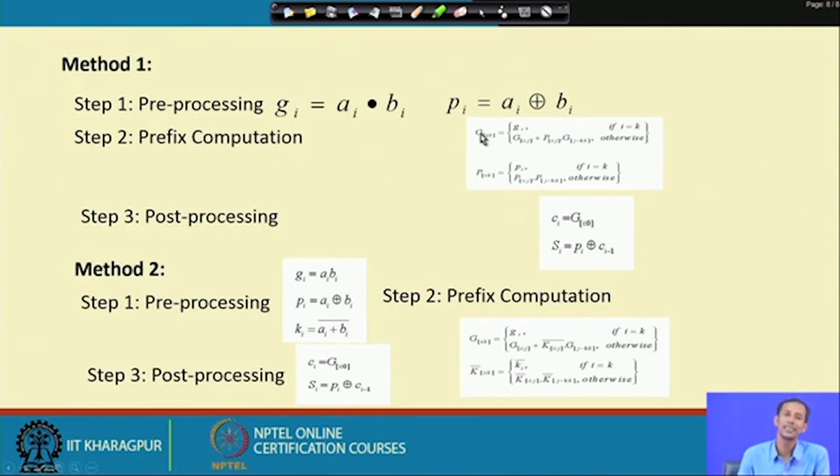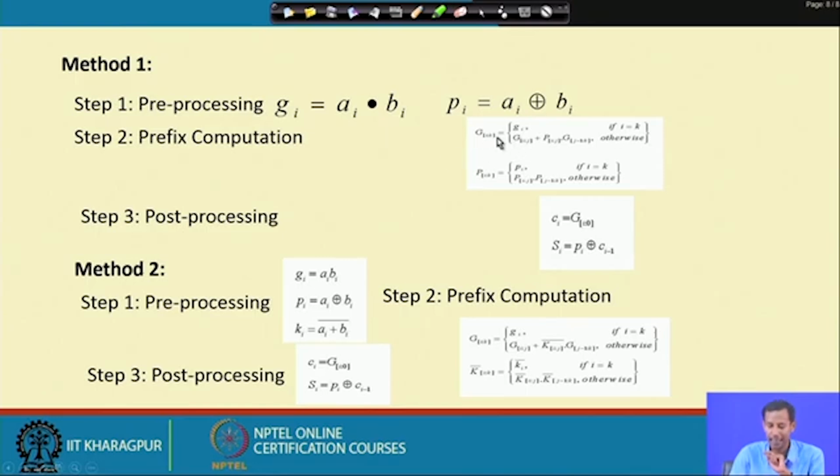The prefix can be computed using Gik. We will see the corresponding graph of these different adder architectures, the parallel prefix architecture, where we will get one node, or it will follow one regular structure. We have to generate this Gik based on this particular equation.